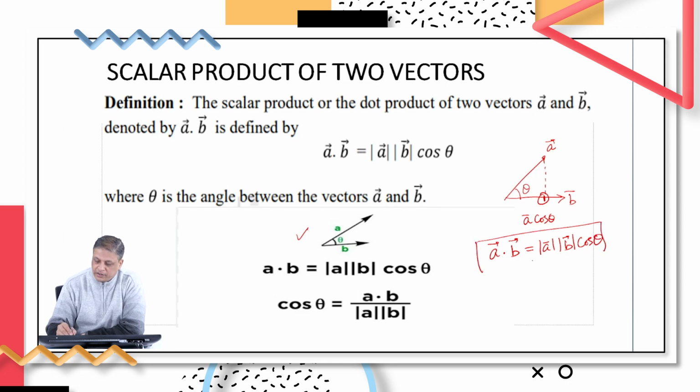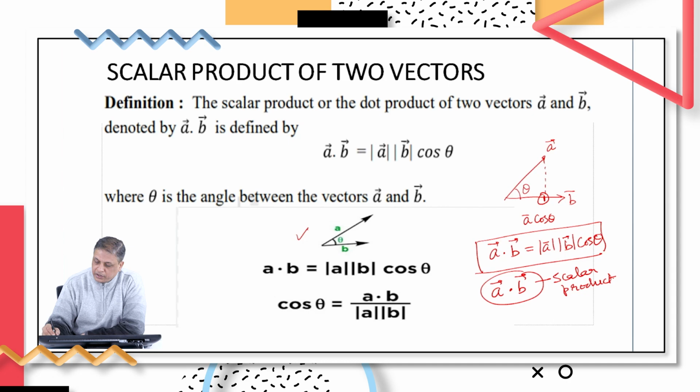Now this entity, that is dot product, A dot B, is the scalar product of two vectors. And we are going to discuss this concept in detail.